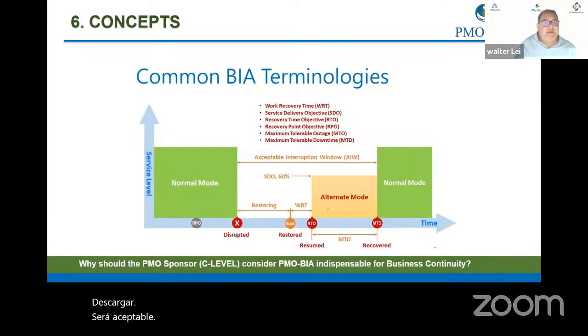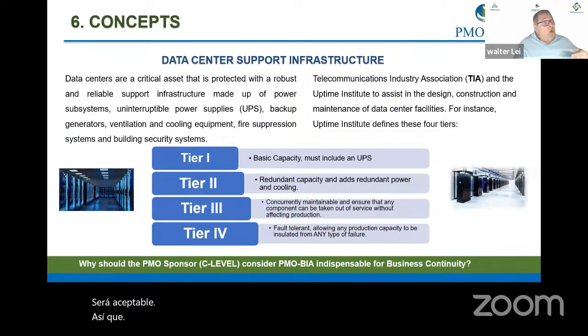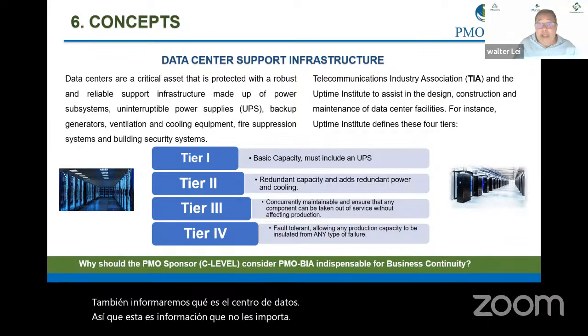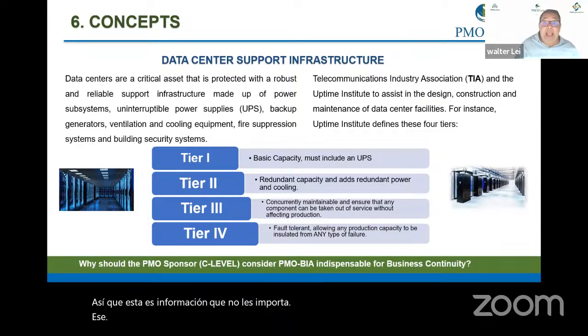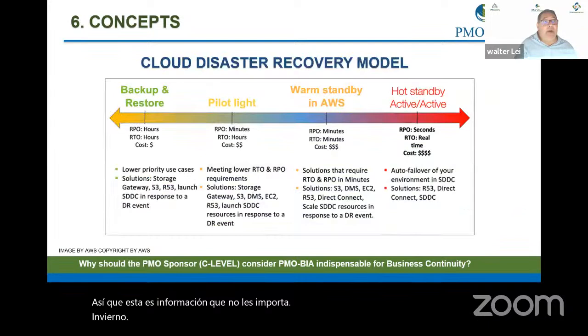Okay? So also, we will recall what is the data center support infrastructure, what are the tier modes. This is information that they don't care about, but we care about as a BIA. Okay, that we will recover.